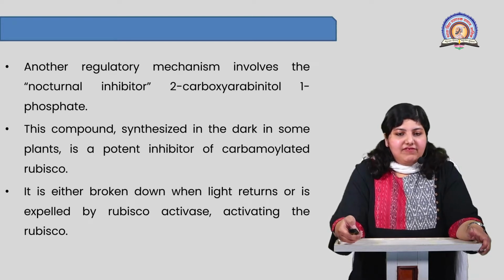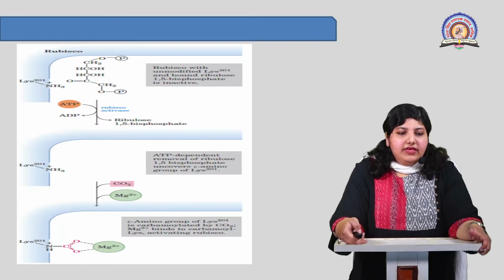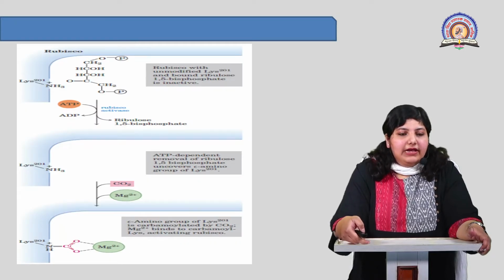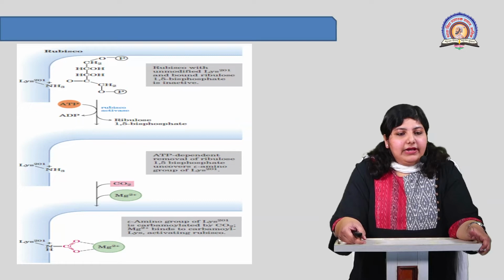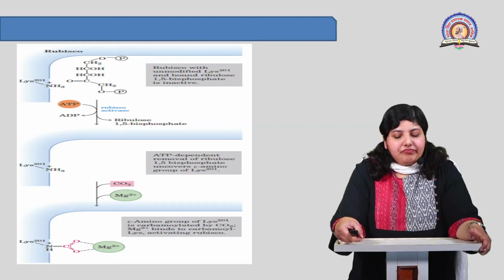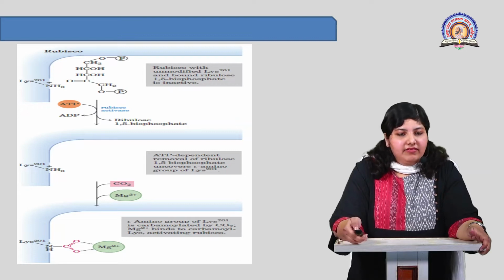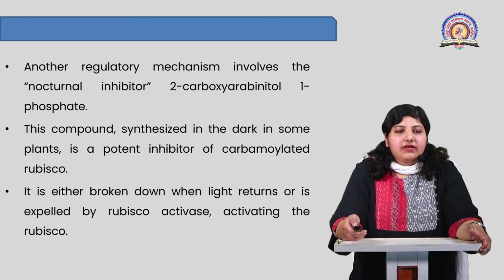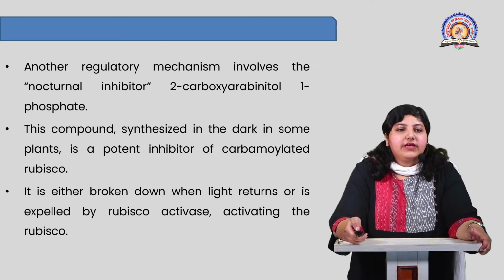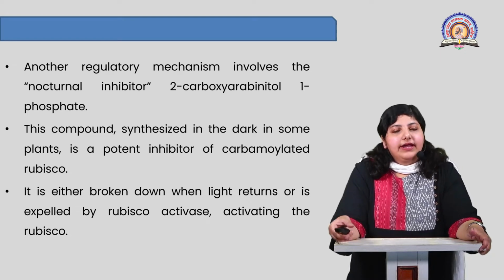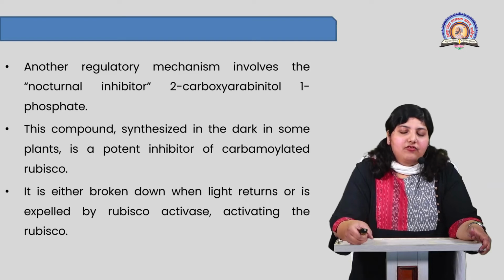Carbamylated Rubisco we have seen in the last slide. You can see here at the bottom, carbamylated Rubisco. Carbamylated Rubisco means the binding of carbon dioxide and magnesium ions. So during dark time, this compound, 2-carboxy-arabinitol 1-phosphate, binds on the carbamylated Rubisco.